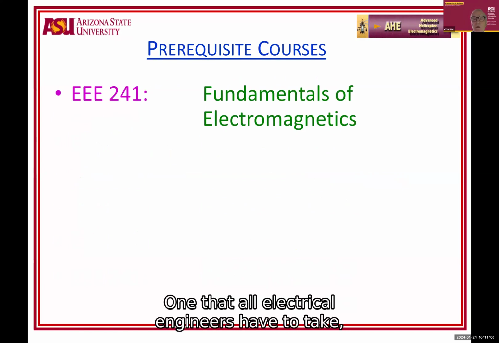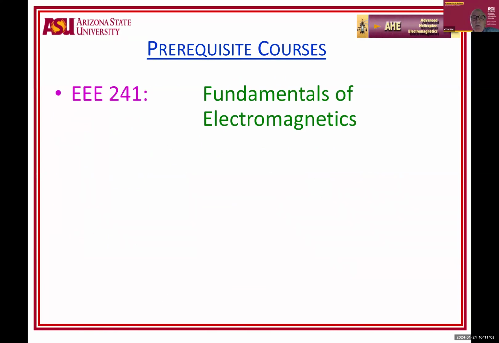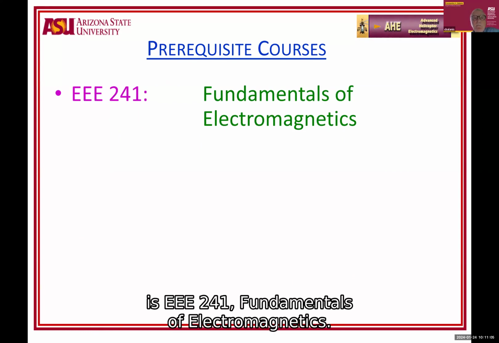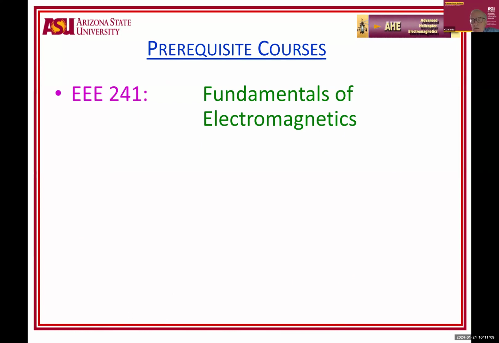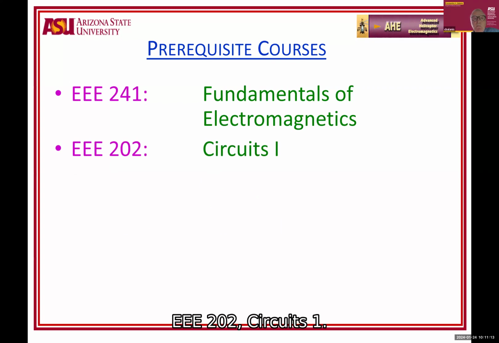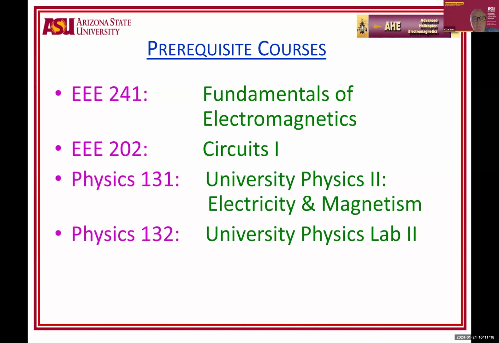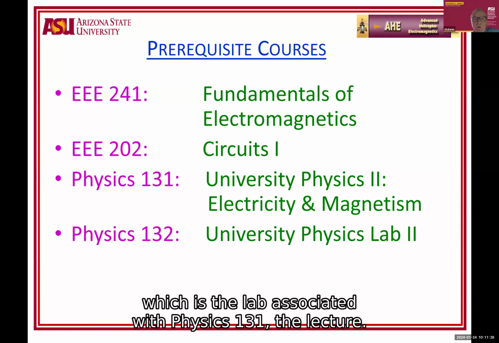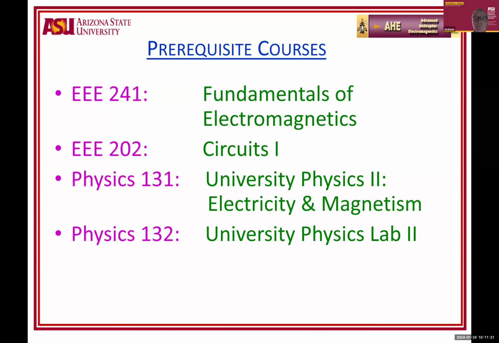One that all electrical engineers have to take is EEE 241, Fundamentals of Electromagnetics. EEE 202, Circuits 1, Physics 131, and Physics 132, which is the lab associated with Physics 131, the lecture.